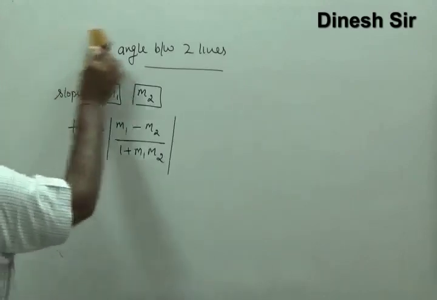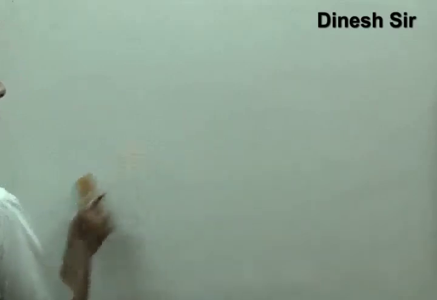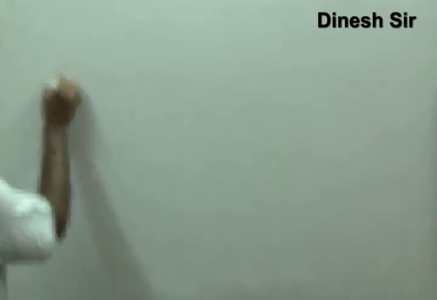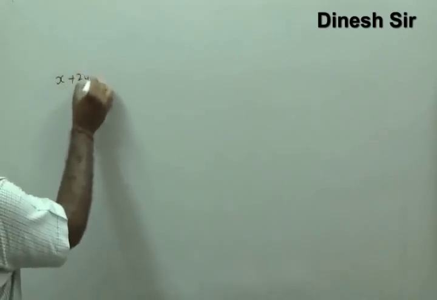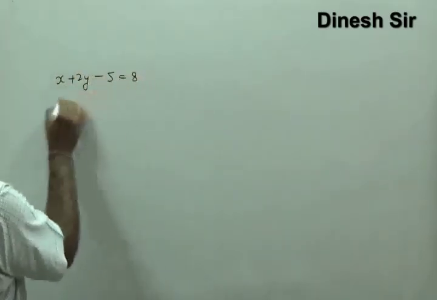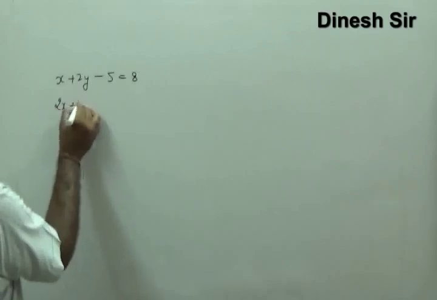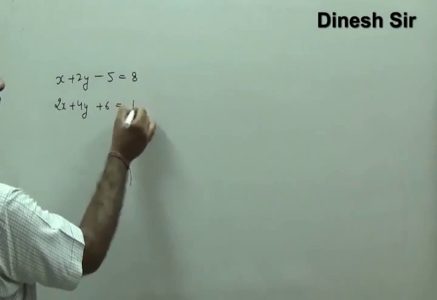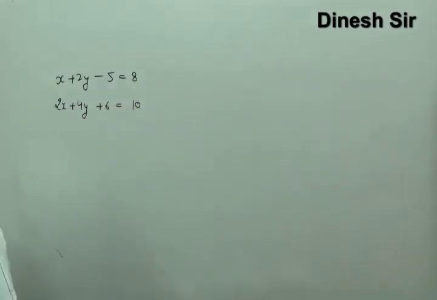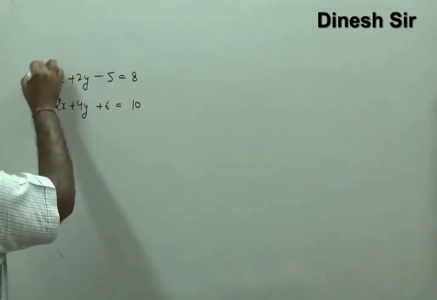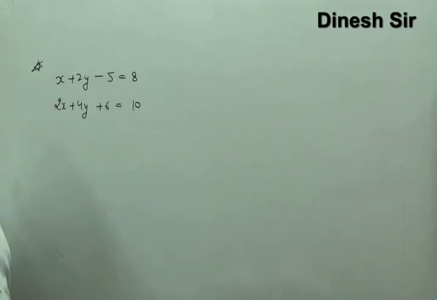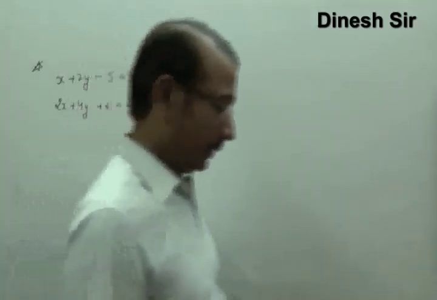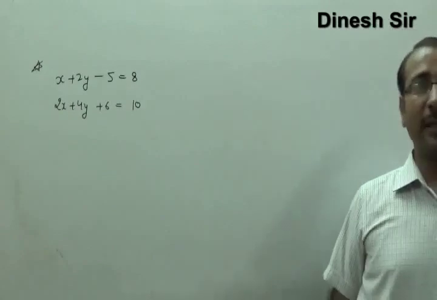Now in SSC or CAT examinations, sometimes the questions may be in this format. Suppose the lines given are x plus 2y minus 5 equal to 8, and 2x plus 4y plus 6 equal to 10. You have to show whether these two lines are parallel or not. We know that if two lines are parallel, that simply means the slopes of the lines must be equal.